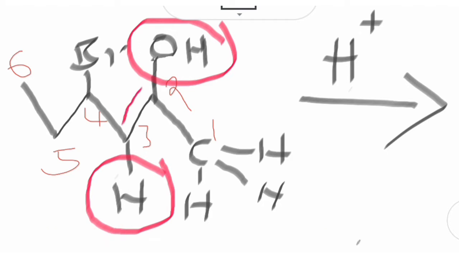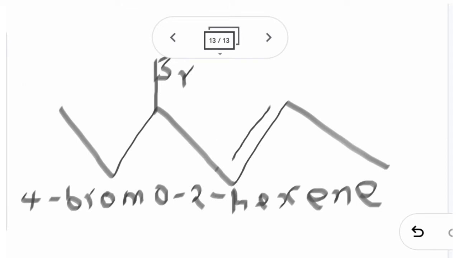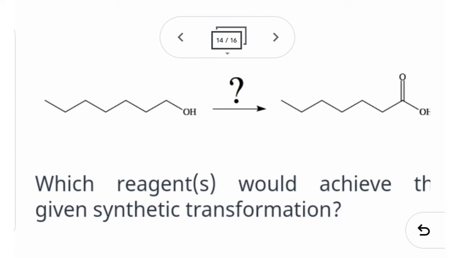That is going to be the product of this particular reaction. So this is our product after removing the two groups from the alcohol. So our answer is 4-bromo-2-hexene. Let's look at our second question.